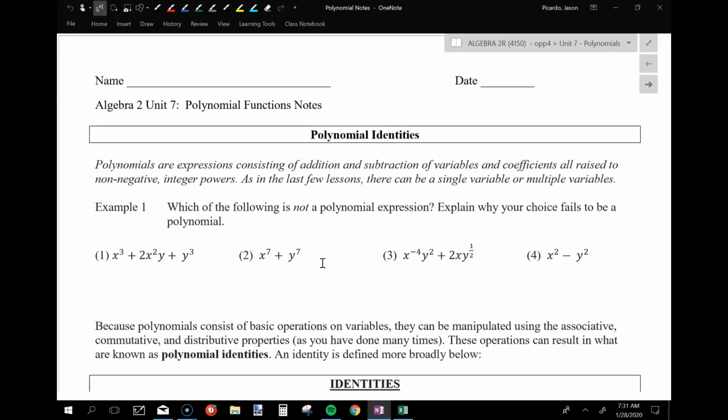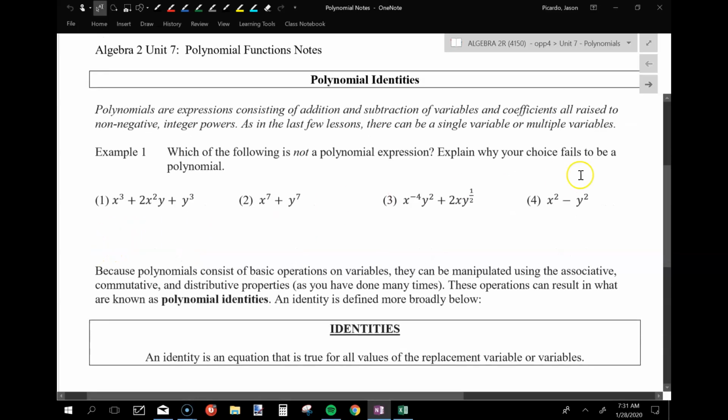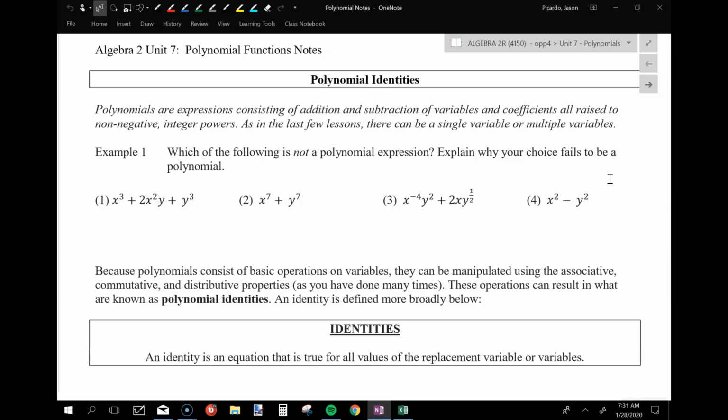So here I have 4 different choices, one of which is not a polynomial, 3 of which are. There is only one that looks a little bit different, and it's only because of one small thing. Which one of these do we think is not a polynomial? Choice 1, 2, 3, or 4?